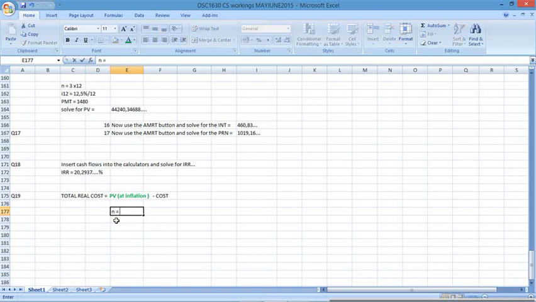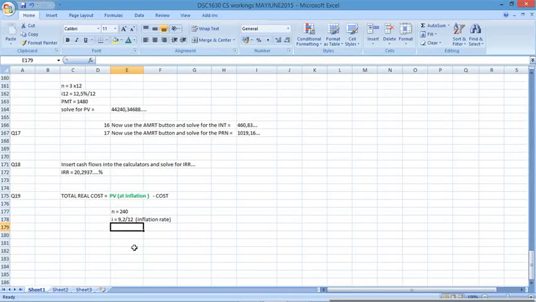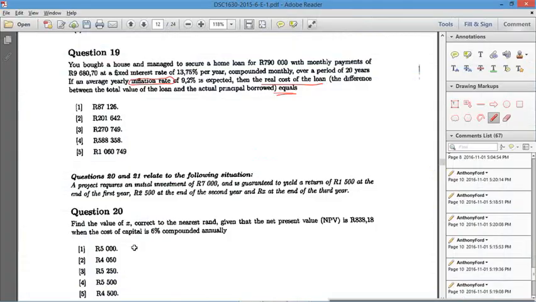Okay, this is a 20-year loan. Remember I'm using the inflation rate, which you read in the question was 9.2%. That's the amount that I'm going to be using here as my I, because I'm looking at the present value based on inflation. Right, and the payment was given in the question as 9680.